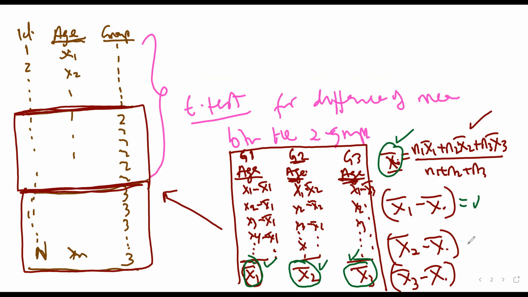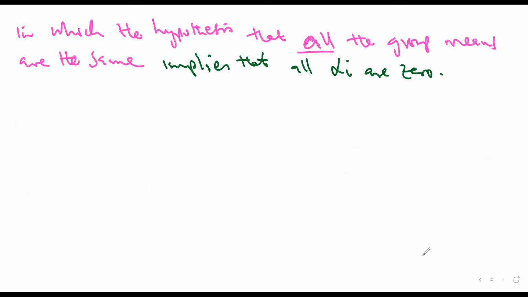So this is alpha 1, alpha 2, this is alpha 3. Because we're saying this is the same as that, it's the same as that. And if those three are equal, then the overall mean is also equal to them. Okay, so basically, that's the logic. So that implies that all the alpha i's are 0.